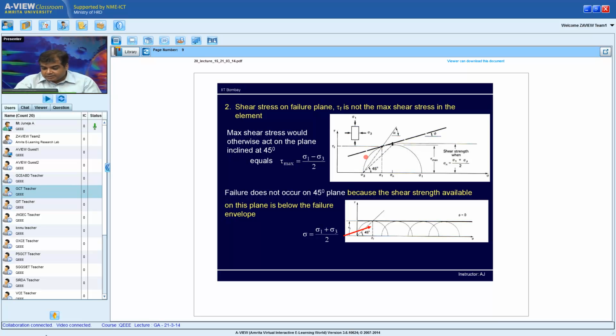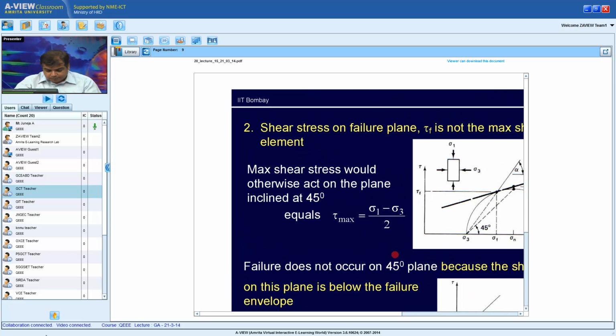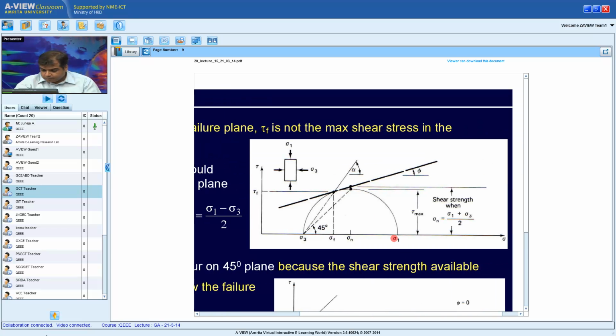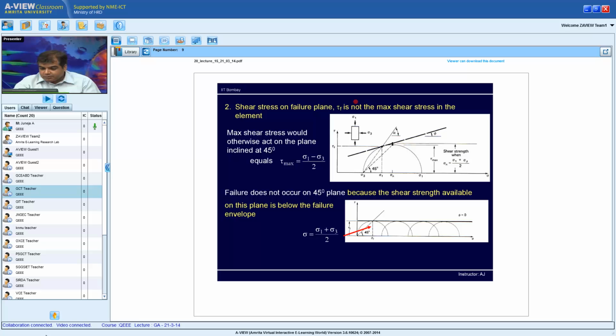What we see is, if I have drawn this circle, this point is not the topmost point of the circle. If I zoom in, the topmost point of the circle is slightly higher. Let me zoom out please. The shear stress on the failure plane is not the maximum shear stress in the element.